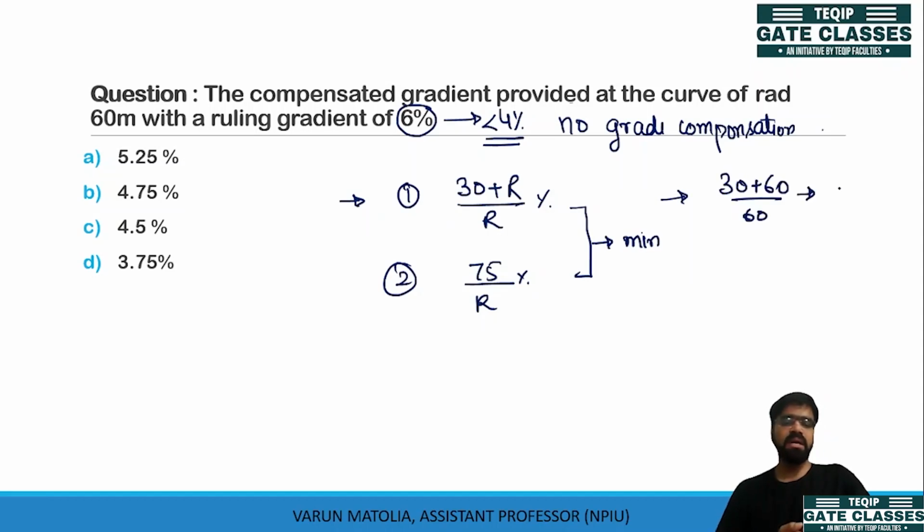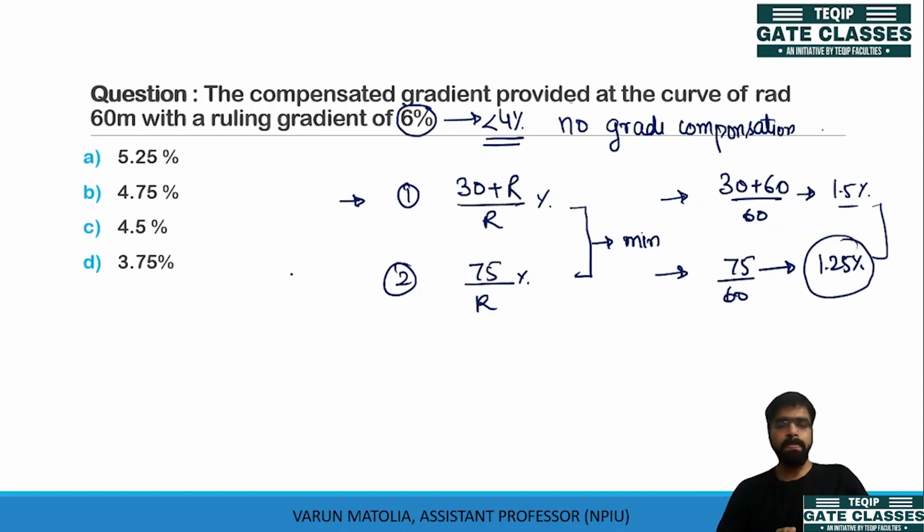The value is coming out to be 1.5%. And from the second, it is 75/60. The value is coming out to be 1.25%. So out of these two, the minimum is 1.25. So we can take this value as grade compensation.